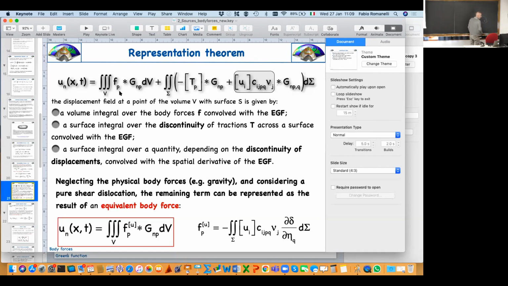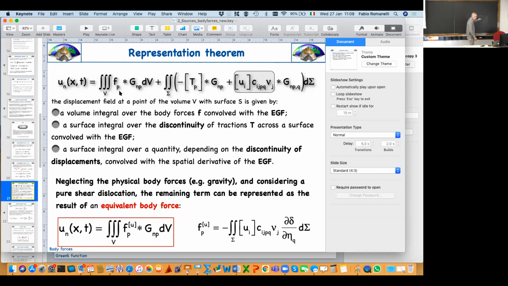Now this is the Earth. The real Earth is much better than this one. Now we have the volume, we have an external surface, and we have body forces. Why? Because it's a self-gravitating system. Now we want to study an earthquake. So we have a surface where we have a shear dislocation.